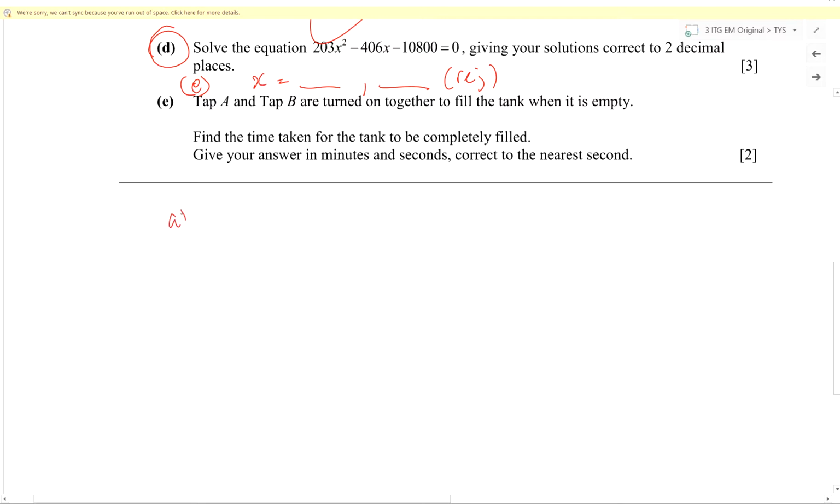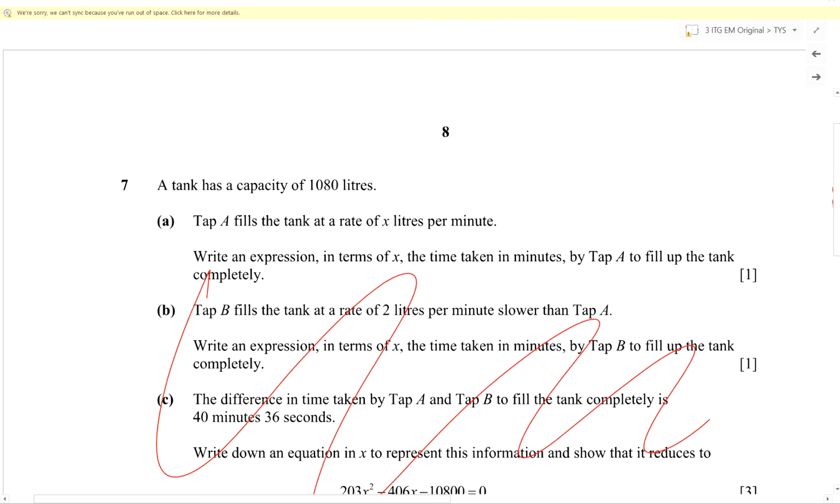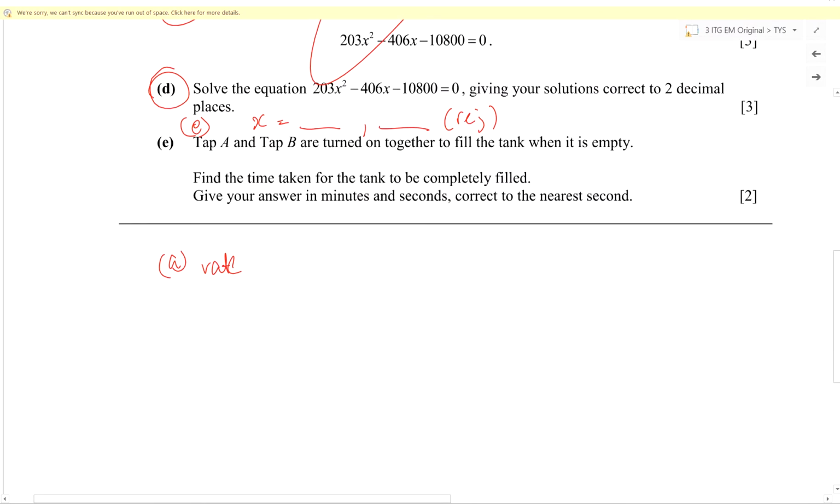In part A, the rate was, what was it? 1080 over x liters per minute.